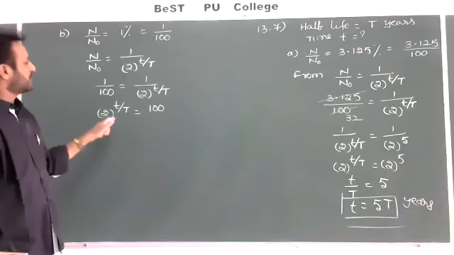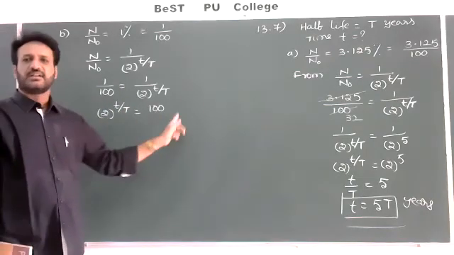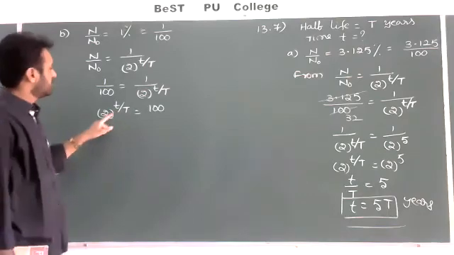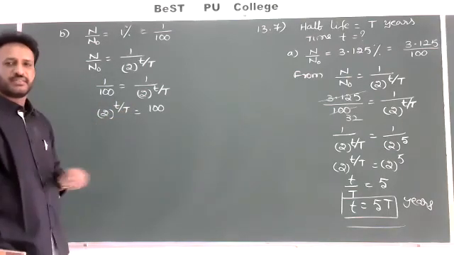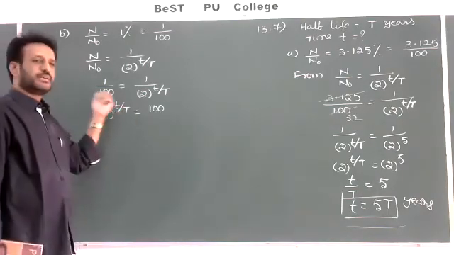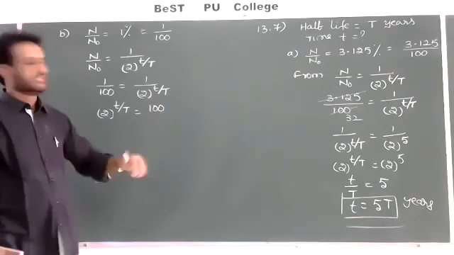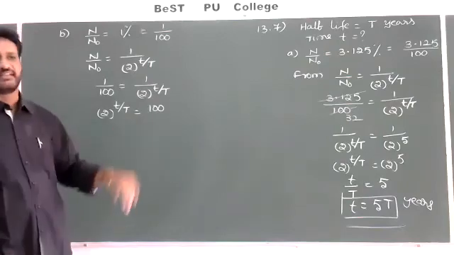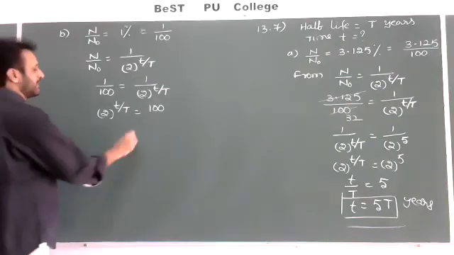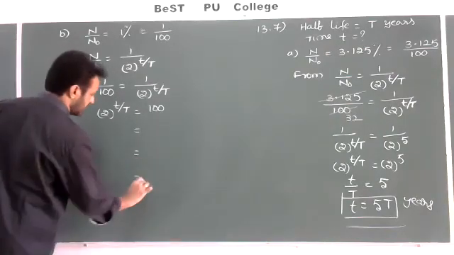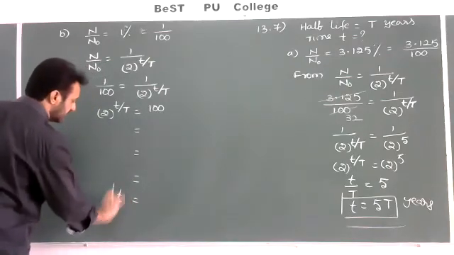Log of 2 to the power of small t by capital T is equal to log 100. So small t by capital T into log 2 is equal to log 100. Then simplify, and at last you will get the small t value. So try it for tomorrow's class. If you are unable to get it, I will give it. Try this one, taking the log on both sides, and we will get the answer.